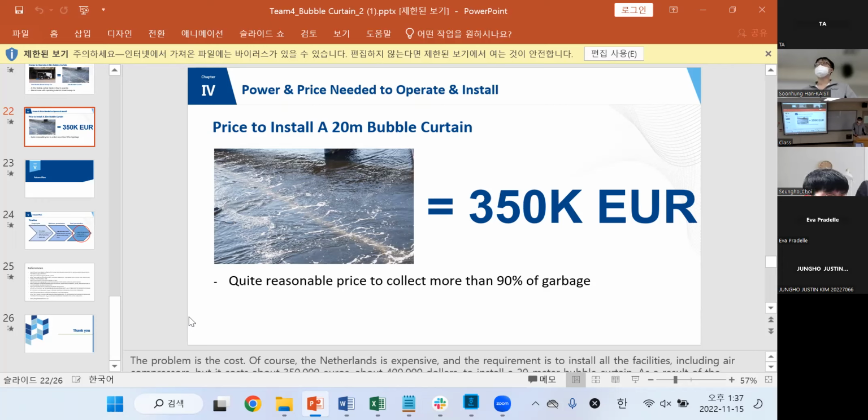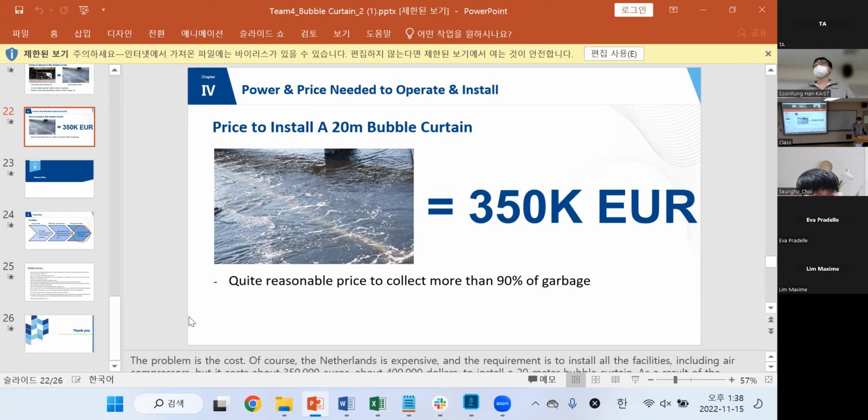But my question, or something you can study more, is that the bubble size may be effective depending on the frequency. So you may find out whether bigger is better or smaller is better. Big bubbles, few, or small bubbles, many. Which one is more effective? You may find out.